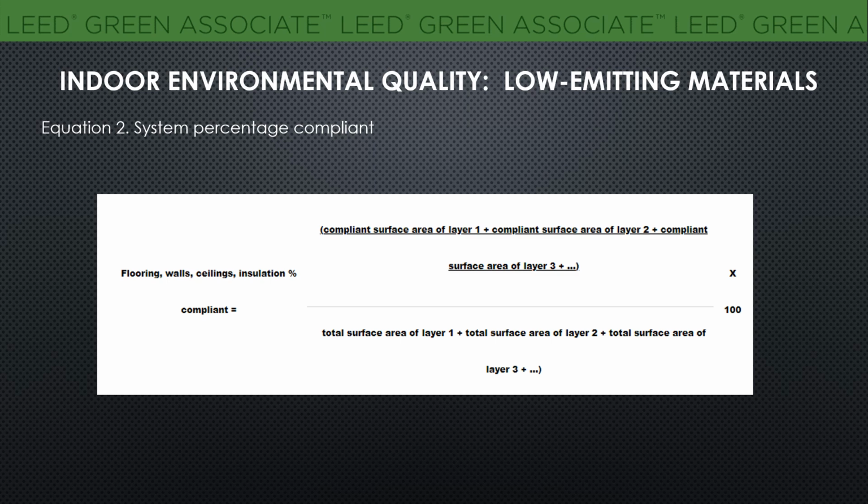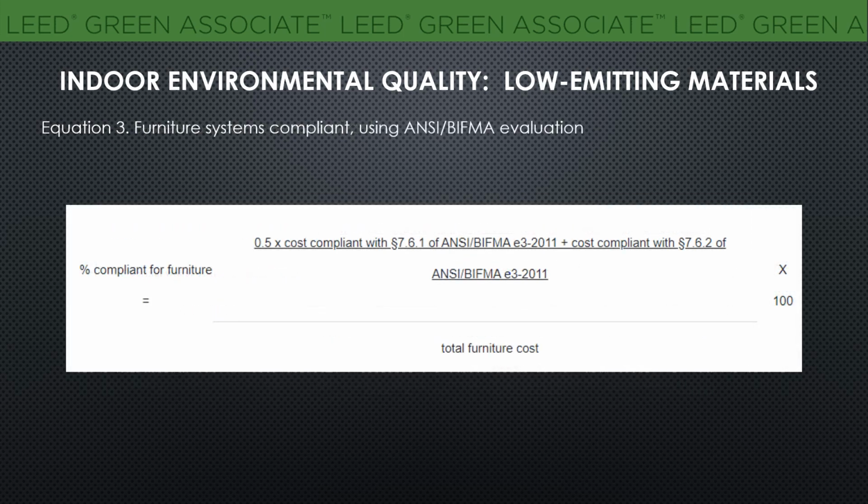You only need to clear all the concepts. Don't be afraid of all this equation, just understand these are the things happening in LEED. Again, this is the furniture system compliant using ANSI BIFMA evaluation. The equation for percentage compliant for furniture is here, you can pause and read.